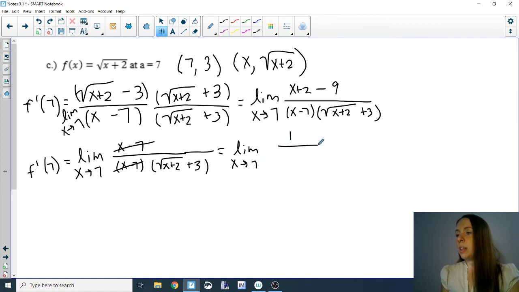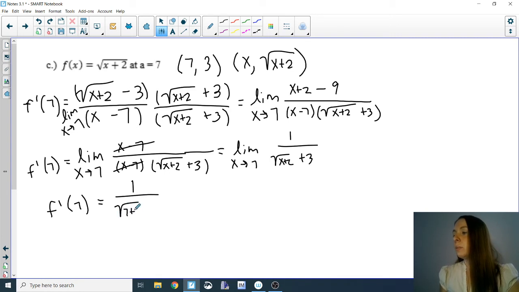We have a 1 left in the numerator, and we have root x plus 2 plus 3 in the denominator, which now is a form where we can sub 7 in. So we have 1 over root 7 plus 2 plus 3. 7 plus 2 is 9. The square root of 9 is 3. This is 1/6.